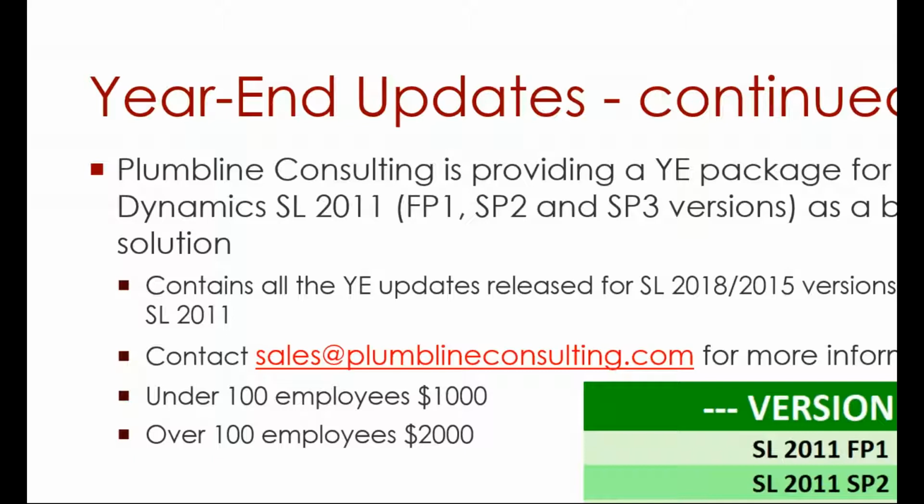This is going to contain all of the same year-end updates released for the SL 2015 and 2018 versions that Microsoft is providing. They're just recreated and packaged for these SL 2011 versions. If you would like details on the solution, you may reach out to us at sales@plumblineconsulting.com. The pricing for this is $1,000 for under 100 employees / 1099s and $2,000 for over 100 employees / 1099s.